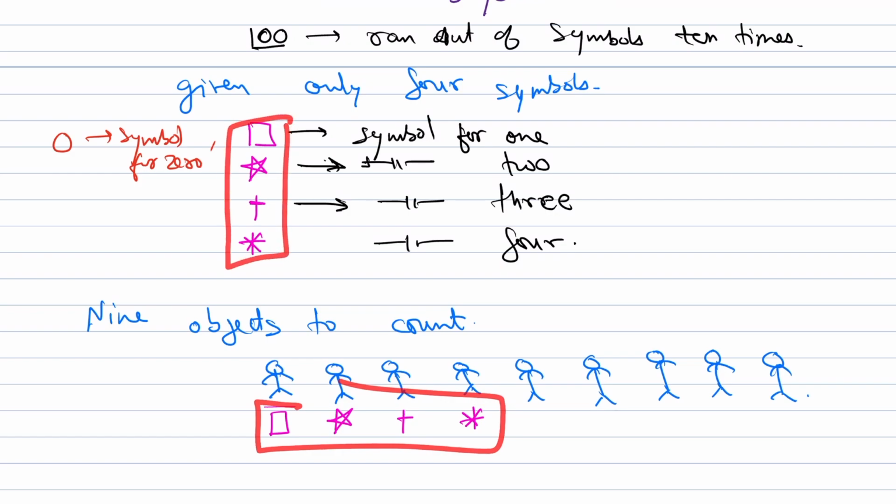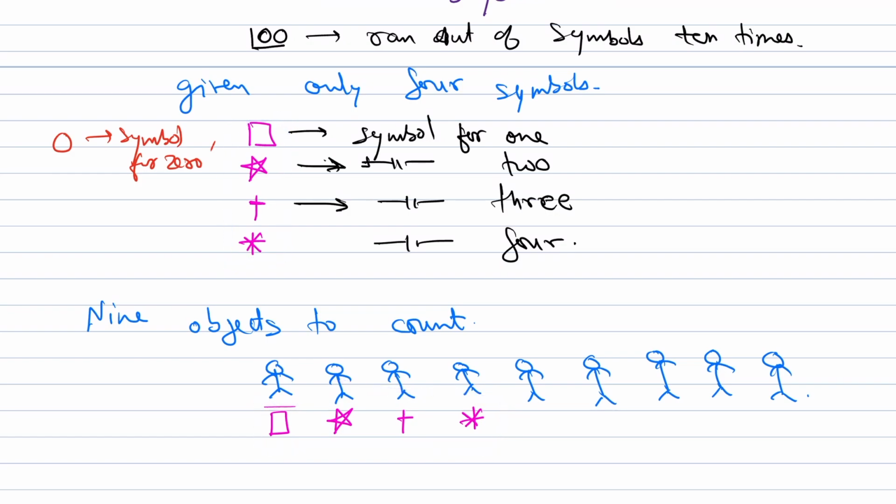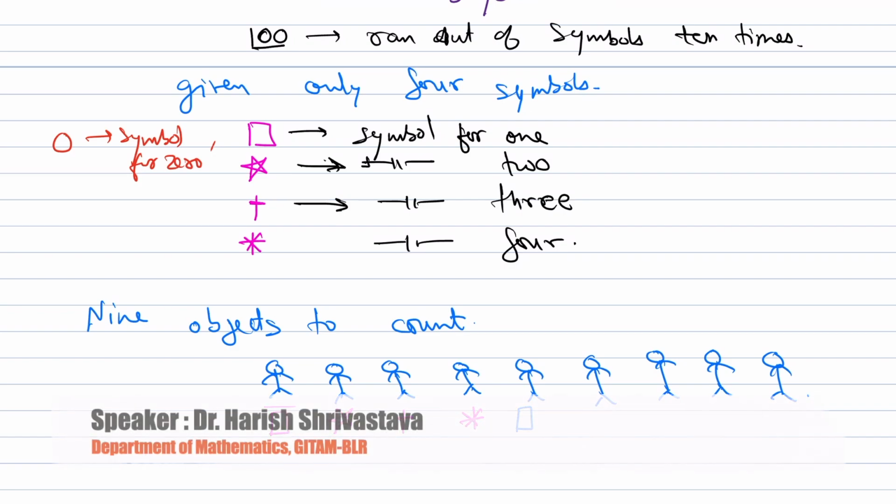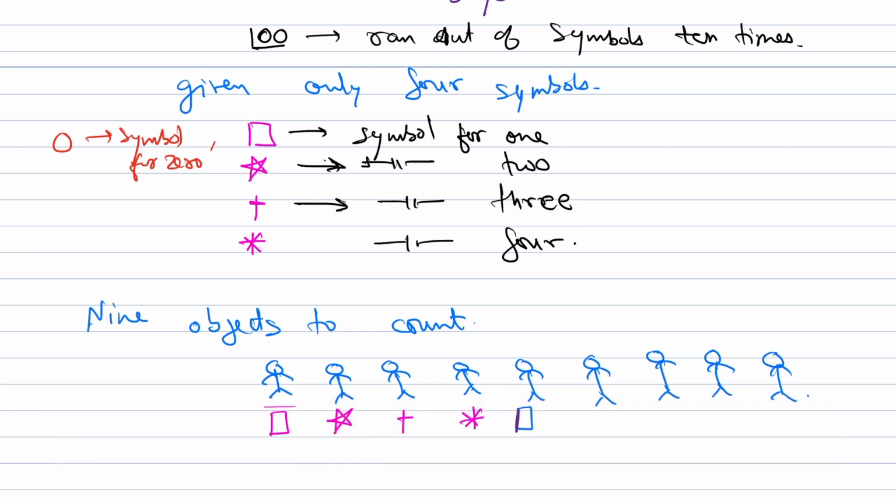So I'll draw the symbol for 1, the box, and since I ran out of symbols once, then the 0. This means the fifth one would be box and 0.